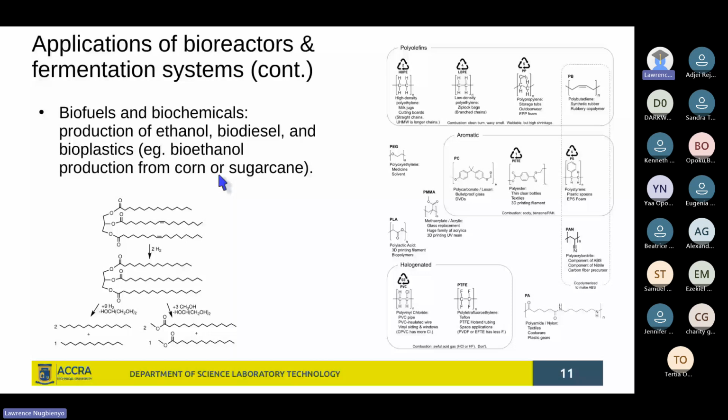I don't know if you know this plant, Jatropha, which people just grow like a fence plant. It's a shrub, not a big plant, and it produces some seeds. You can later Google Jatropha and you will see. Even if you don't know the name, if you see the picture, you see what I'm talking about.